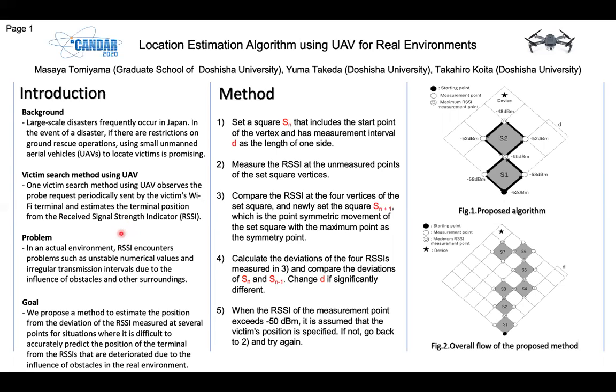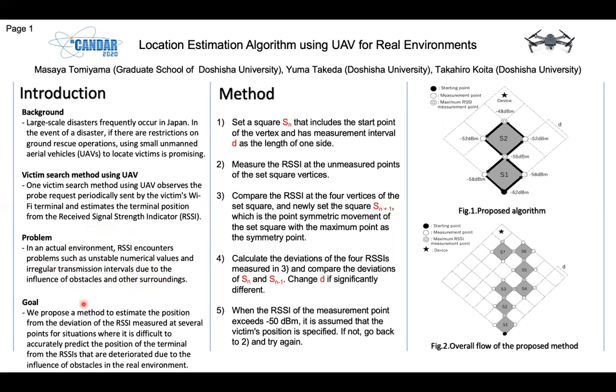RSSI is a value that represents the strength of the signal received by the wireless communication terminal. In an actual environment, RSSI encounters problems such as unstable numerical values and irregular transmission intervals due to the influence of the obstacles and the surroundings.